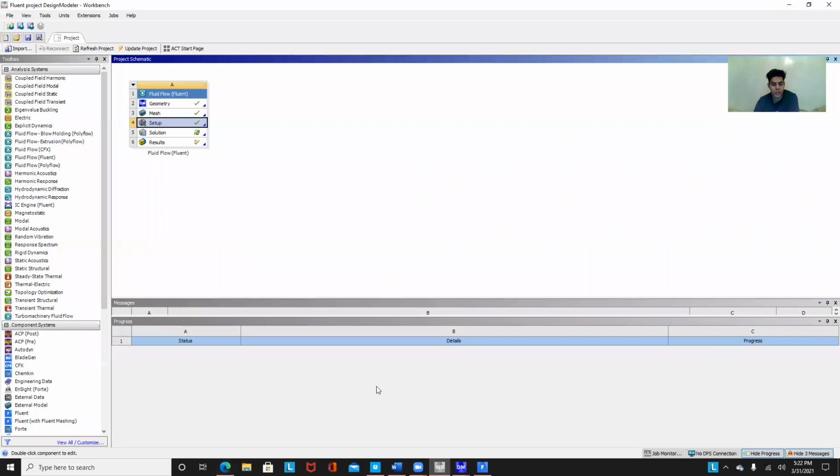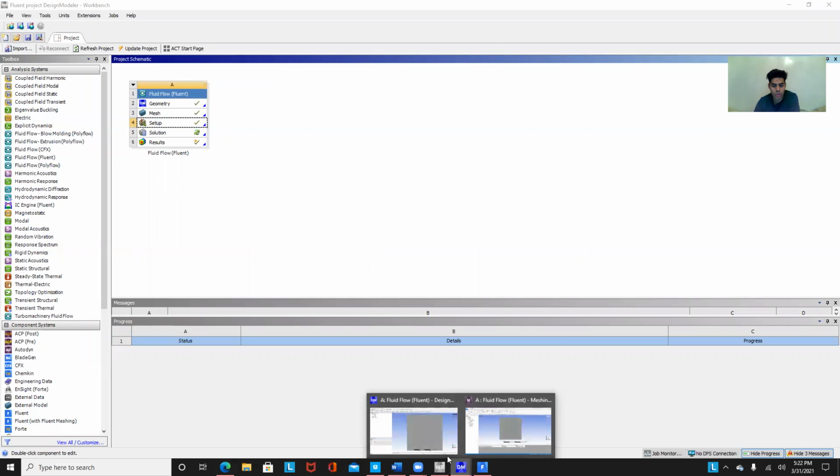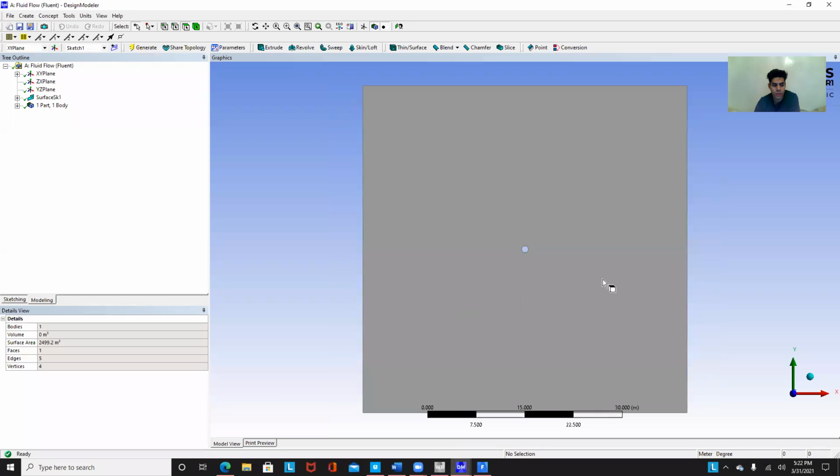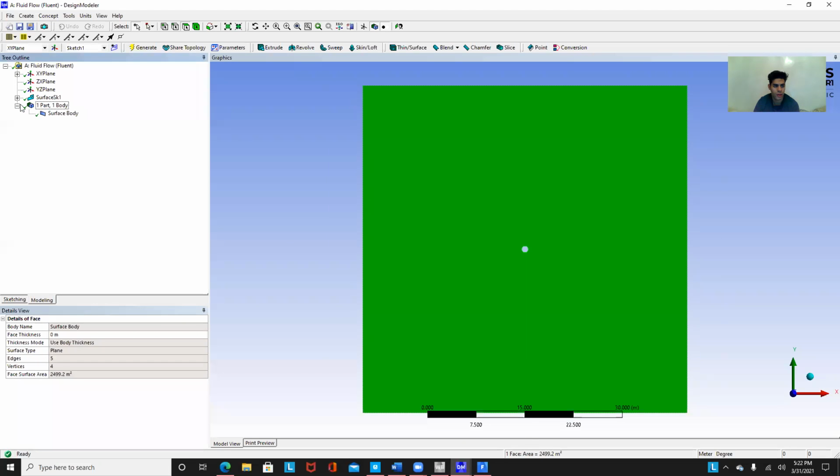So for this project, I'm going to be showing the geometry. Okay, so we got this body.